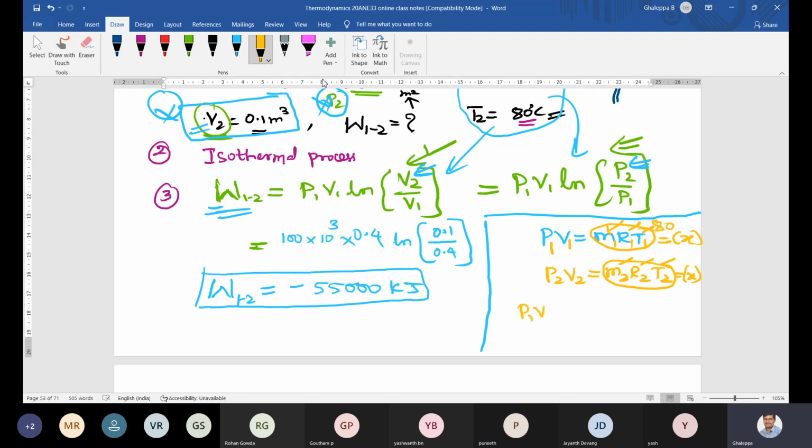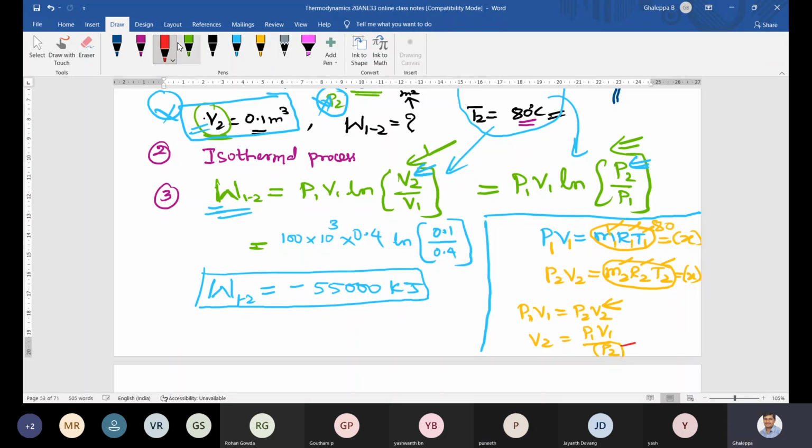So P1 V1 is equal to P2 V2. Using this equation, I am asking you to calculate V2. V2 is equal to P1 V1 divided by P2. But I am saying P2 is also not known.